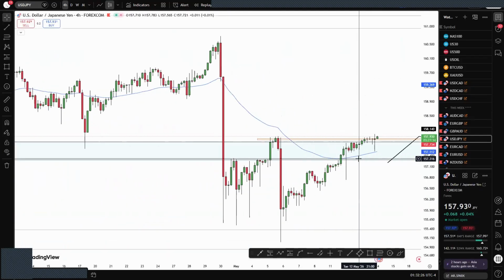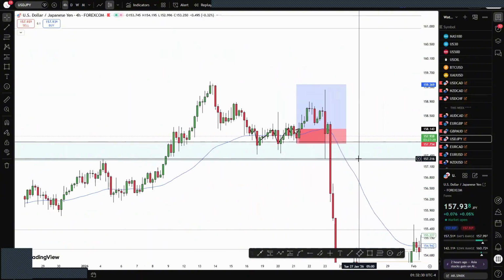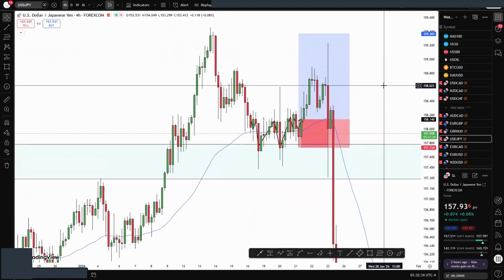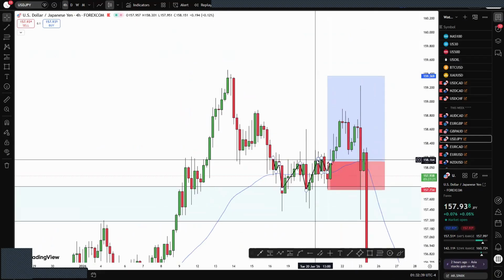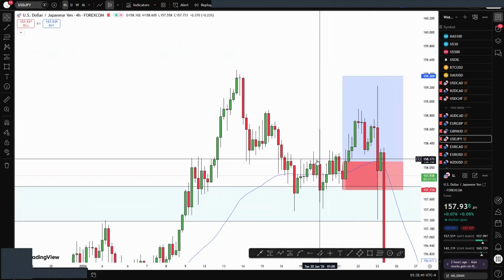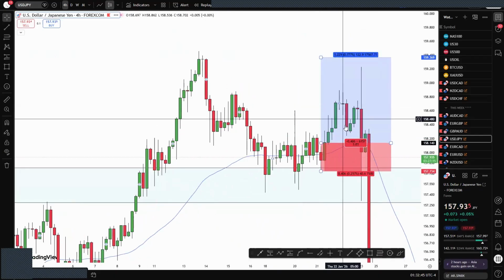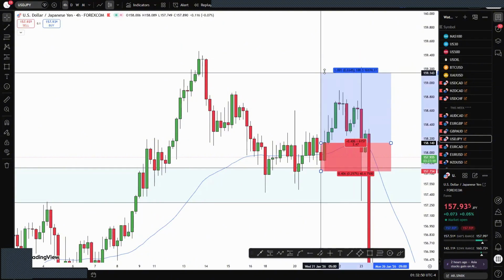There's also a trade on this pair, even though it stopped me out because of the news we received in the Japanese yen. But you can see once I entered at this engulfing level there, price went straight toward take profit, almost hitting it.